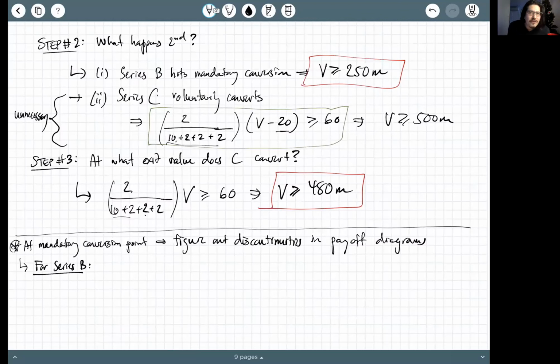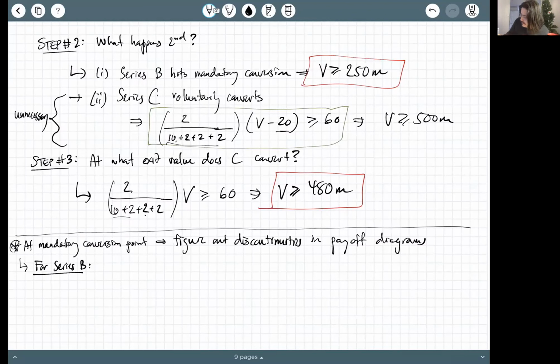Look, the approach to figure out the discontinuity in the payoff diagram for each stakeholder is to ask the question, what would be my payoff just below a $250 million exit value, where, in the case of Series B, Series B is still participating, so not needing to convert, versus what is their payoff once they're forced to convert, so at 250 million, right?